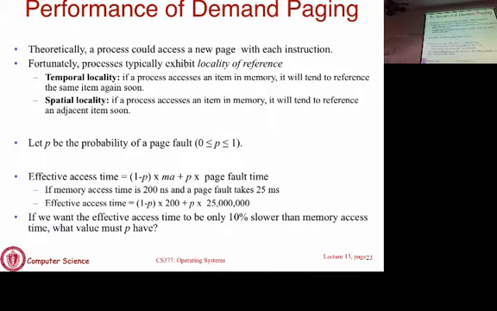Let us assume that you have a process running, and P is the probability it's going to see a page fault. That page fault essentially means it's accessing a page that is unfortunately on disk. So if you see a page fault, what is the speed of memory access?